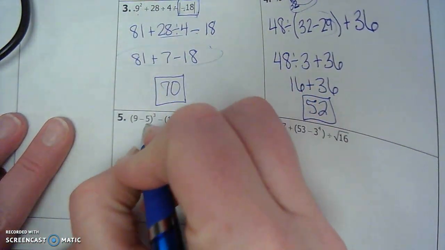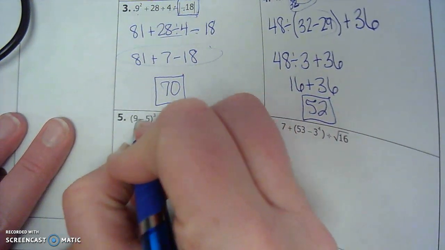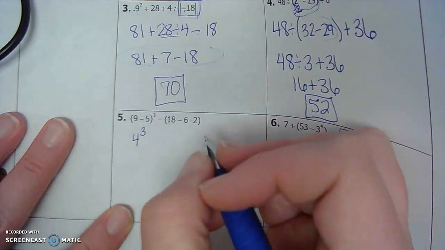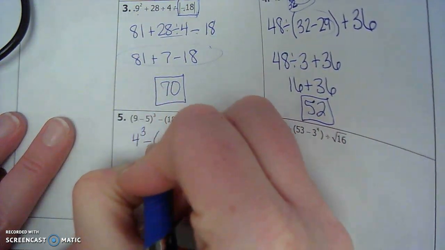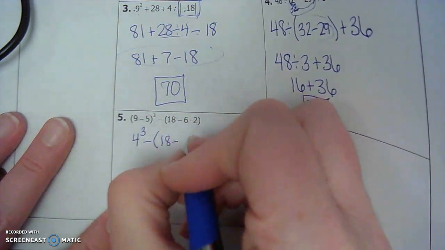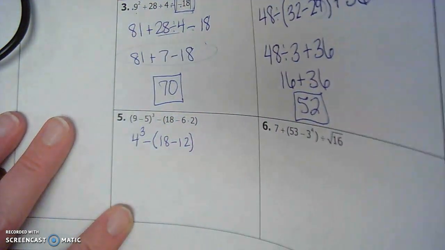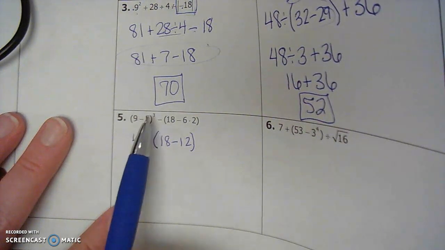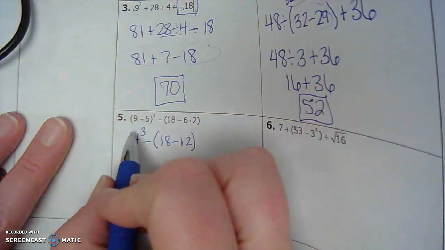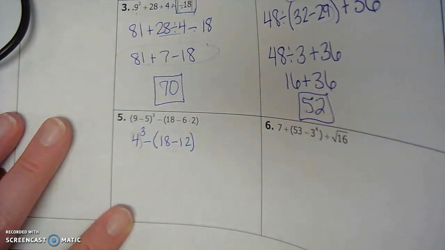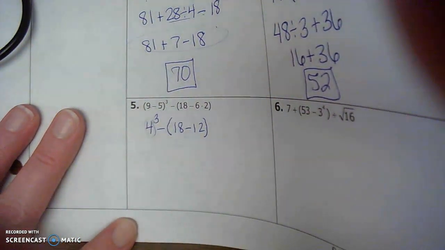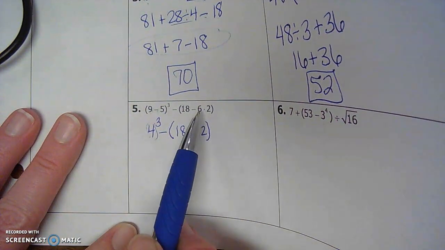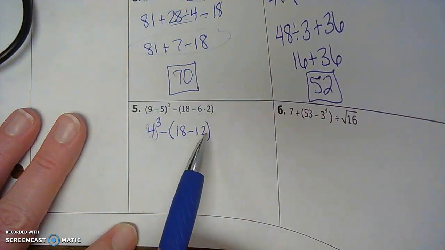Number 5, you need to do the subtraction first. 9 minus 5 is 4 to the 3rd power, minus 18 minus 6 times 2 is 12. So if you wrote everything out, that's how you would write it. First you need to do 9 minus 5 is 4 to the 3rd. You can keep it in the parentheses, but you don't have to. And then in the other set of parentheses, and you need to keep those parentheses in there, 6 times 2, you need to do that first to get 12.